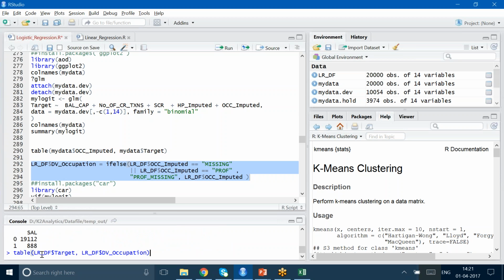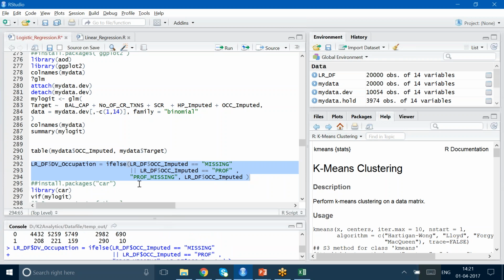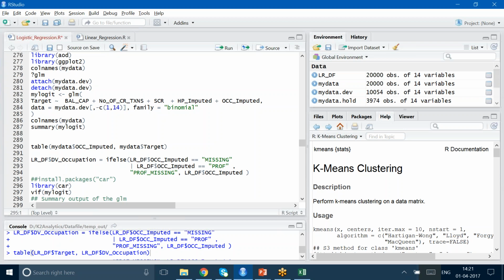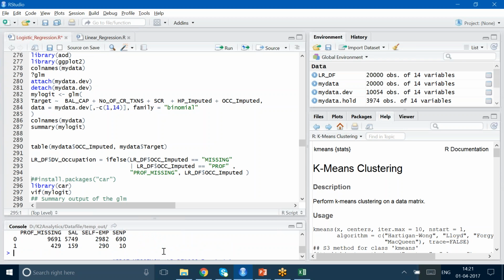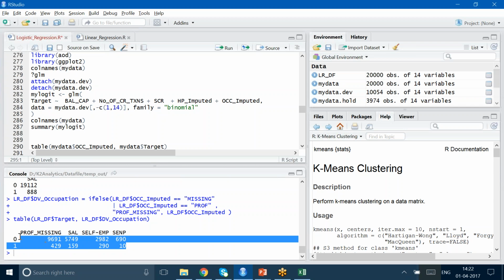Let us see how the numbers look. Oh, there's some problem. We wrote a wrong syntax. So this is how this syntax should have been. Instead of double pipe, I should have used single pipe. So this is what it is. Okay.